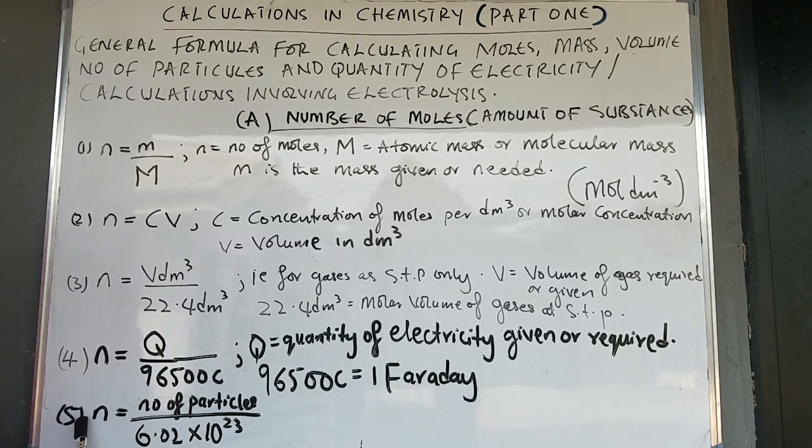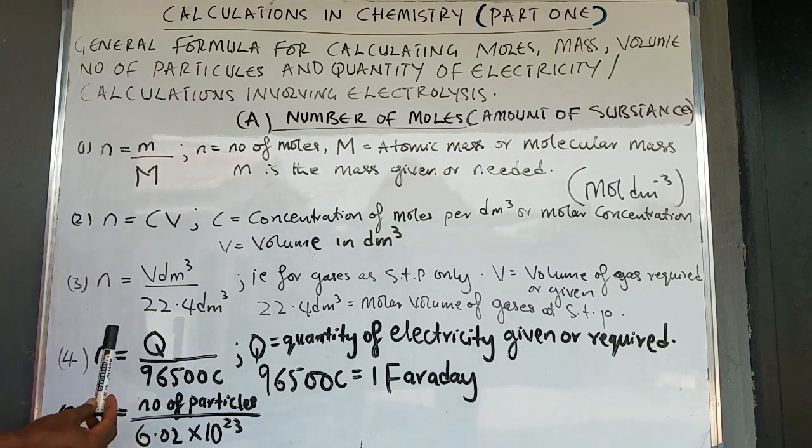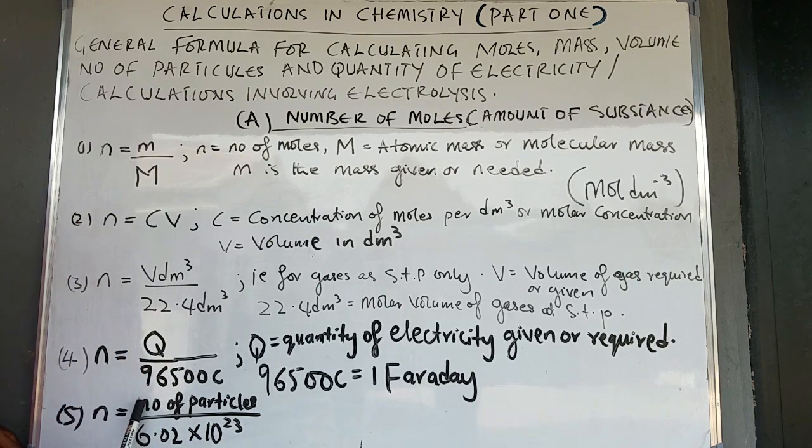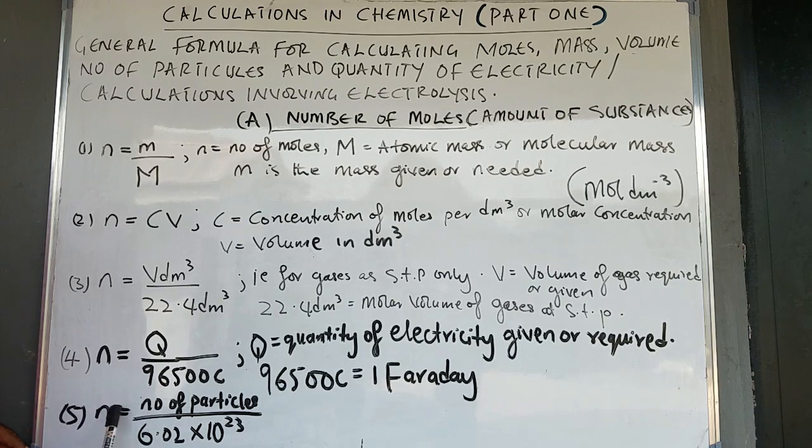Then number 5 is number of particles divided by 6.02 times 10 to the power 23. This is when you're looking for number of moles, but you are given the number of particles and perhaps you are given this, that is what you call Avogadro's number. With these two, you can find number of moles.